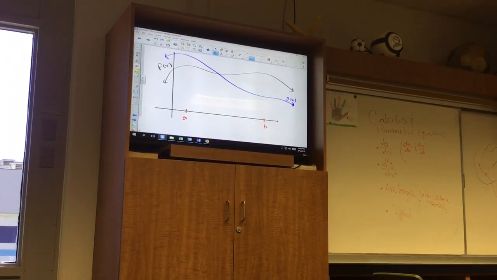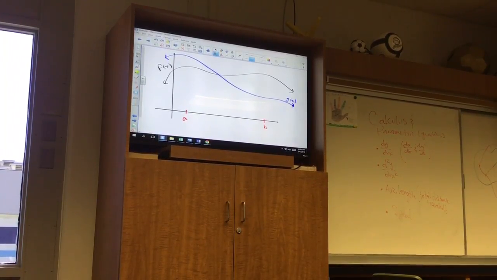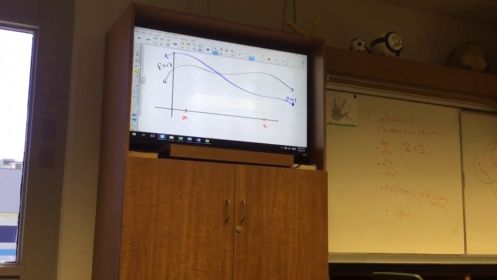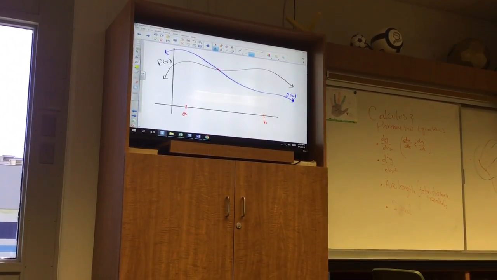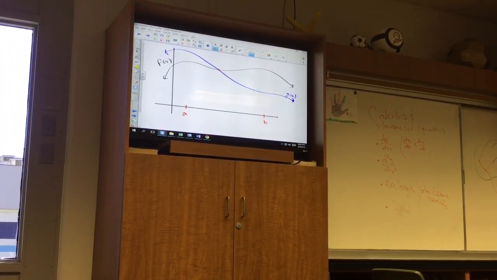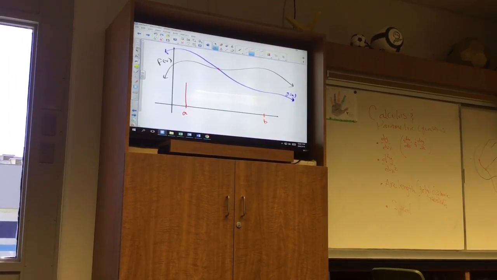Well now, because we have functions here, we're in the rectangular coordinate system, I'm going from the lowest value all the way to the greatest value, and I'm moving to the right. So this right here is where the one that is closest to the x-axis changes, right?